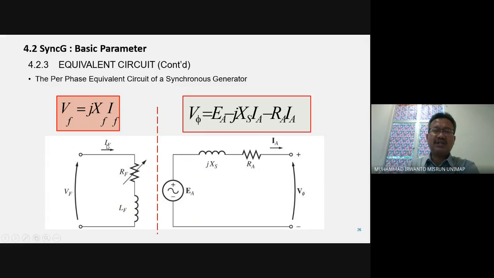To increase the field current, if RF and LF or XF are constant values, we can increase the field voltage.